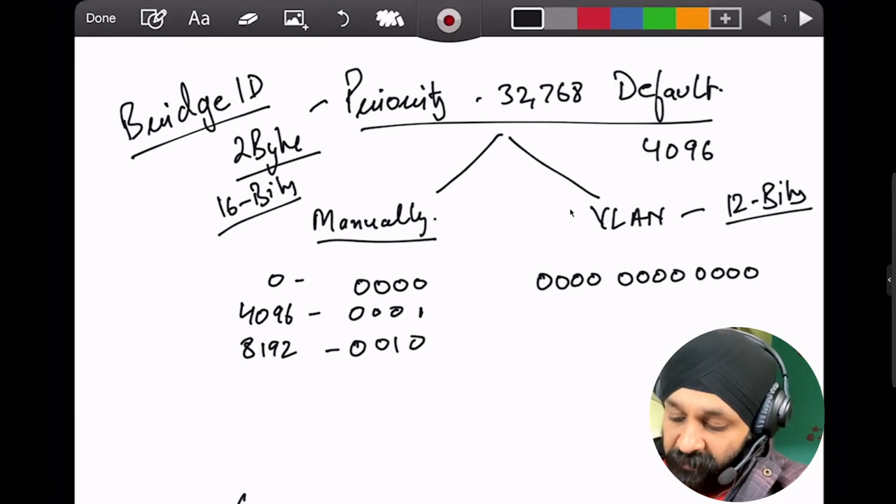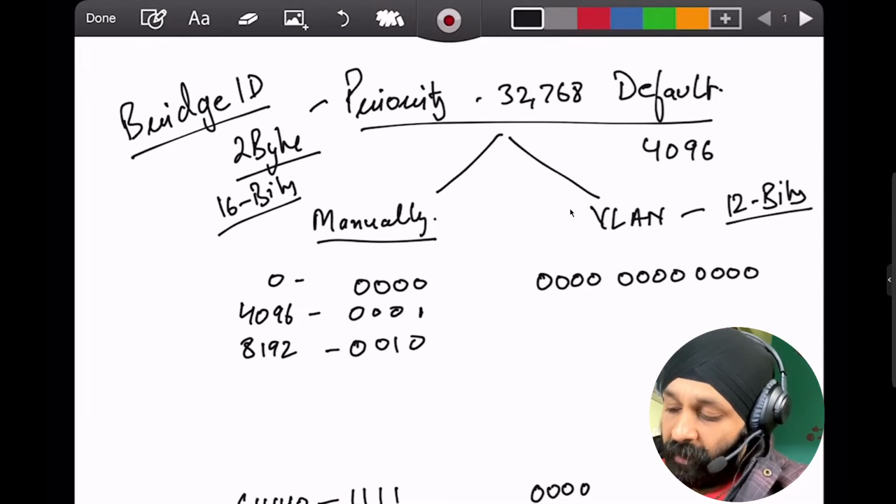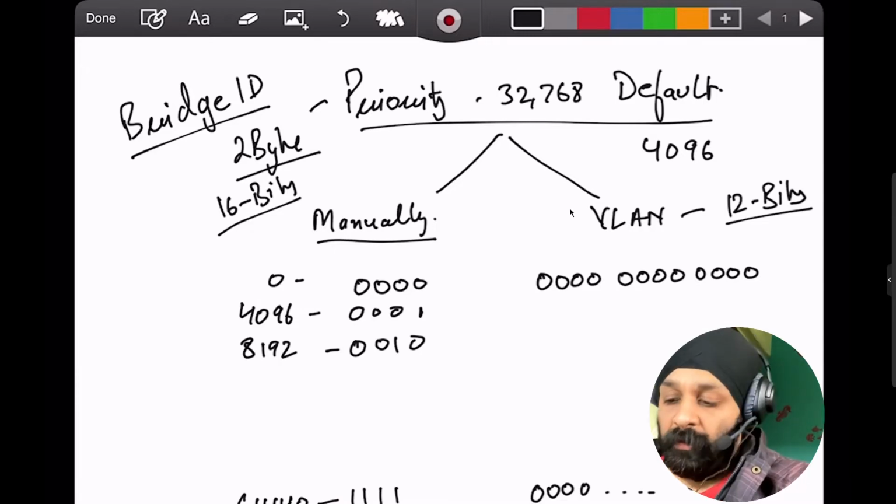The last being 61440, all ones, and VLANs all zeros. So this way, with priority, you can define manually which switch will become the root bridge. Obviously, the lower the priority, the better it is.